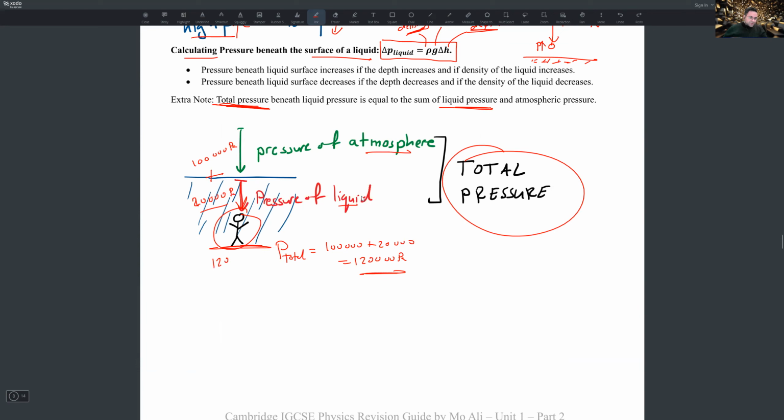I could give you 120,000 باسكال total given، ومش هديك الاتموسفيريك. وأقول لك find الاتموسفيريك pressure PA.